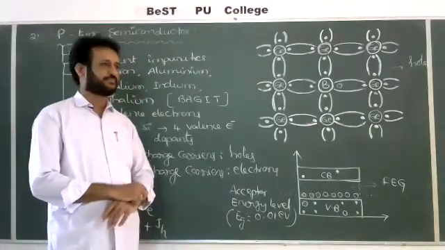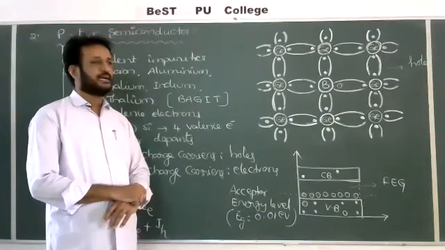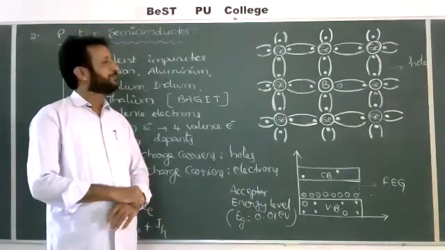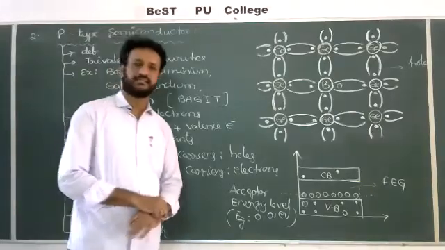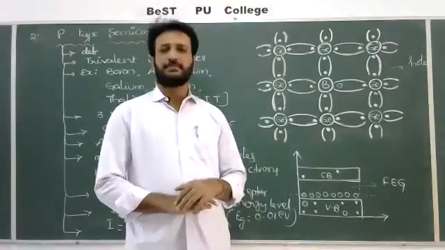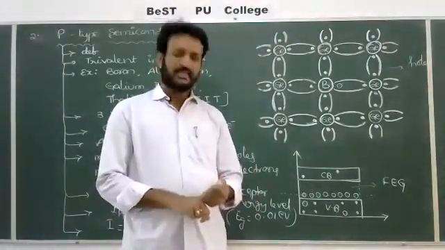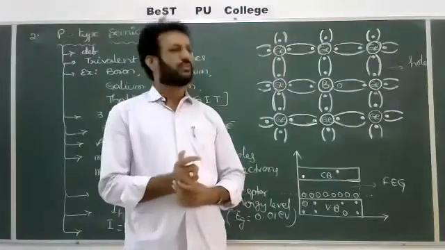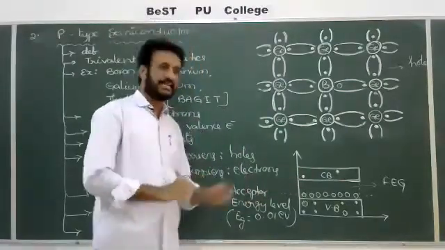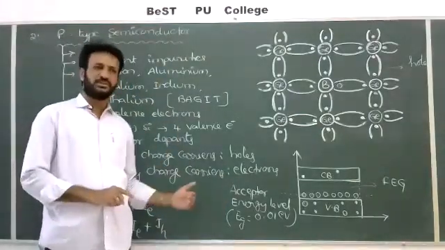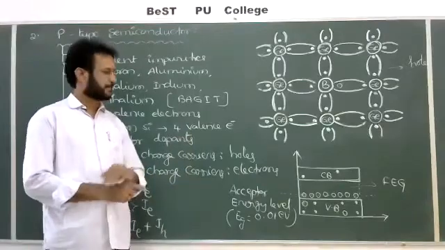Hence, a p-type semiconductor is electrically neutral. That's an important point. N-type semiconductor is also electrically neutral, and p-type semiconductor is also electrically neutral.